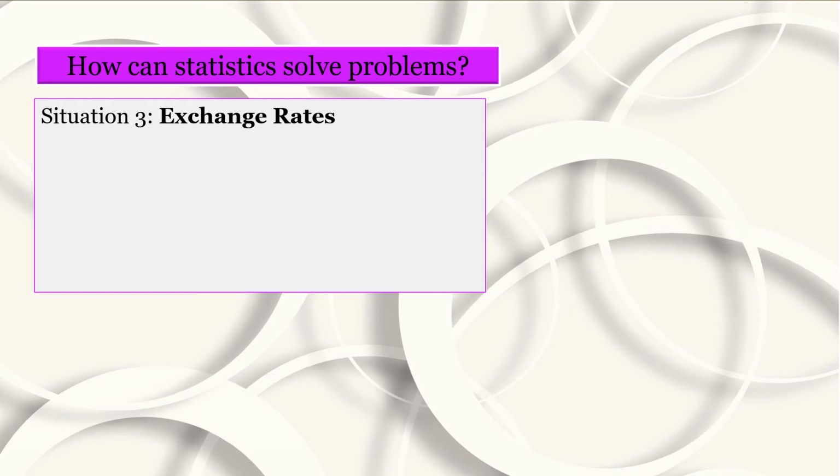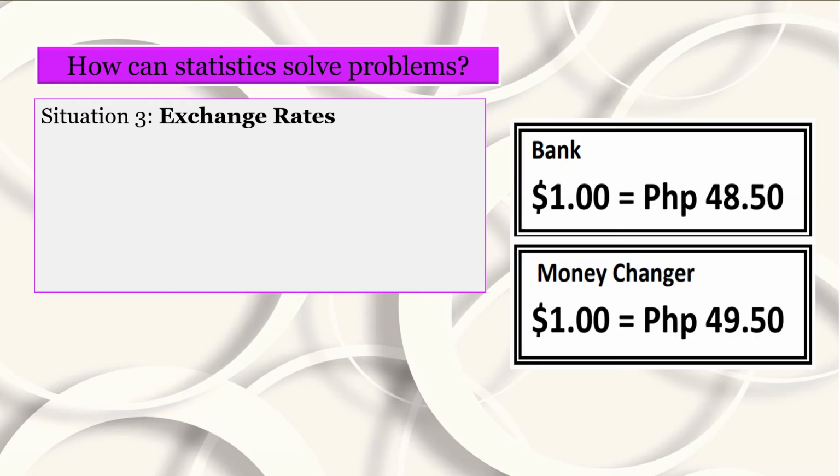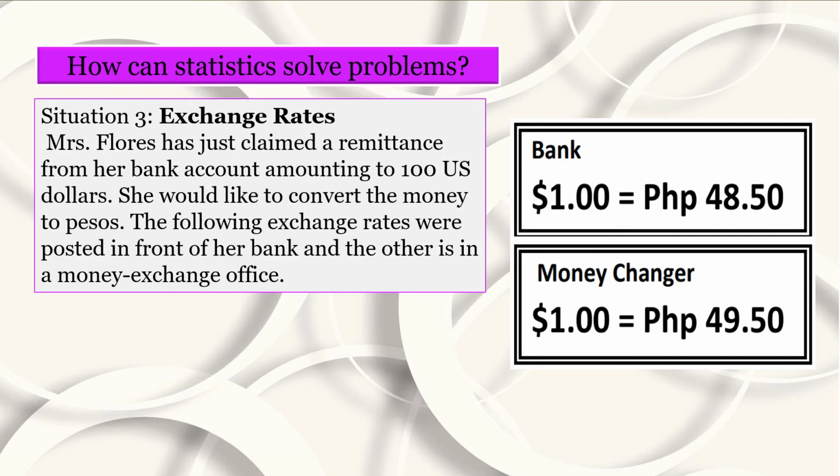Last situation is the exchange rates. Mrs. Flores has claimed a remittance from her bank account amounting to 100 US dollars. She would like to convert the money to pesos.